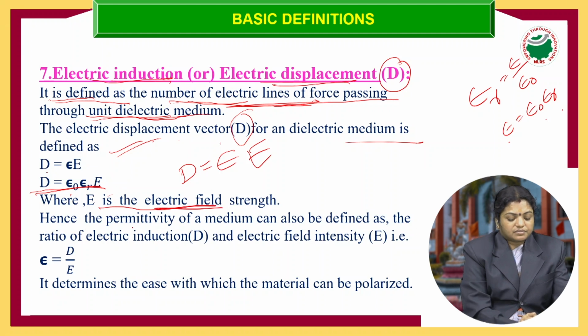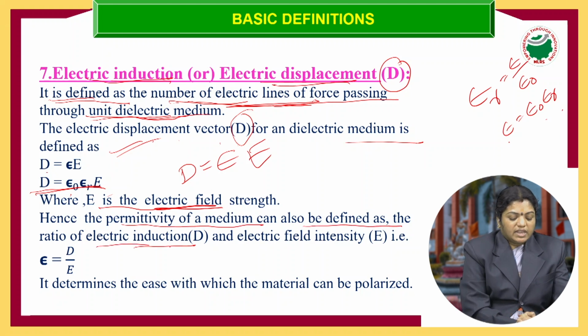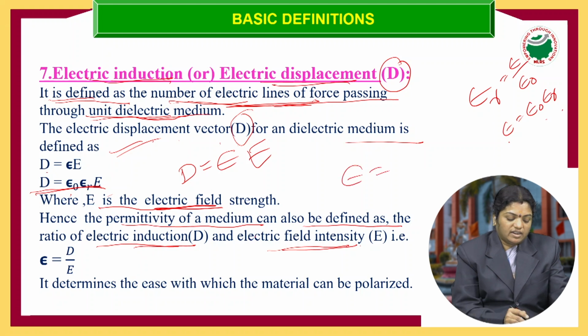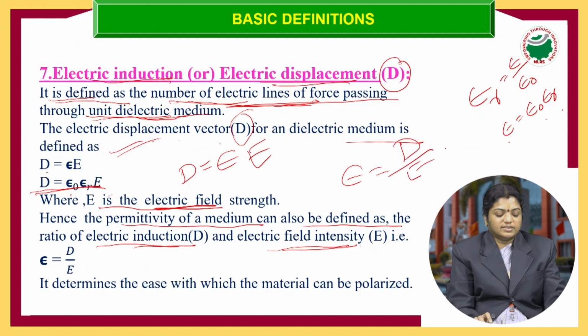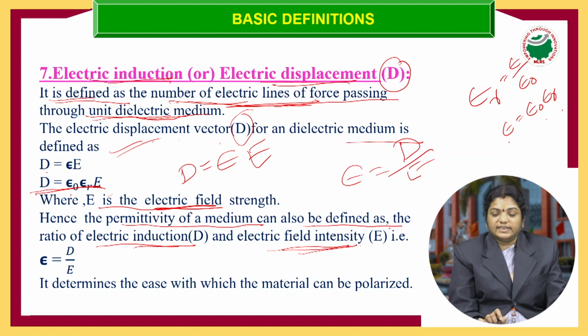Hence the permittivity of the medium can be defined as the ratio of the electric induction D and electric field intensity, D by E.